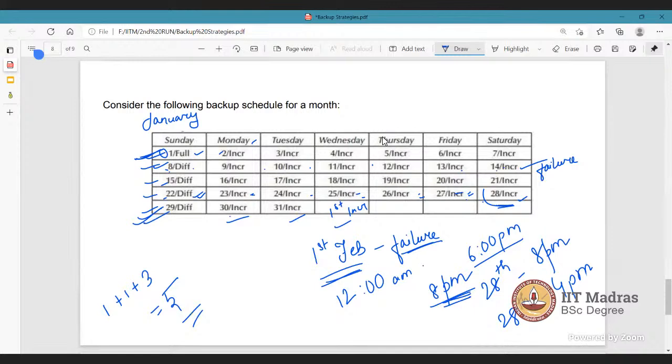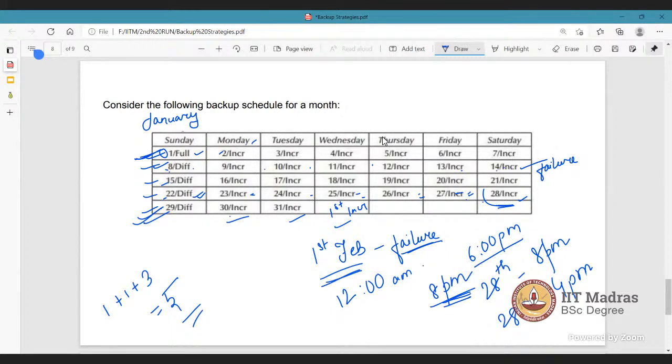So I'm not able to get your doubt. What is your doubt? Ma'am, I'm saying we can perform one full backup on the 1st of Feb, then only one is needed, and if we do a full backup only on the first Sunday of every month, then this 5 is correct.